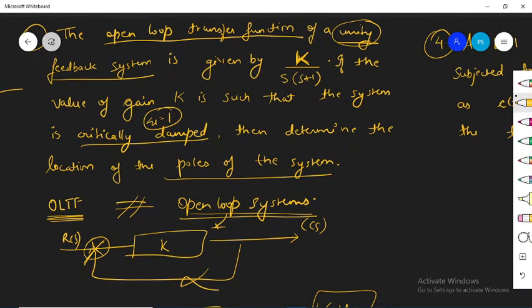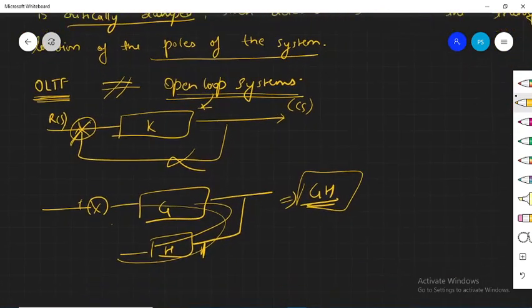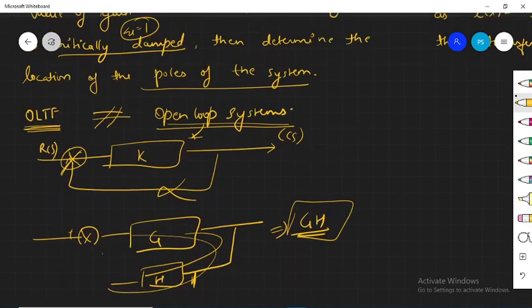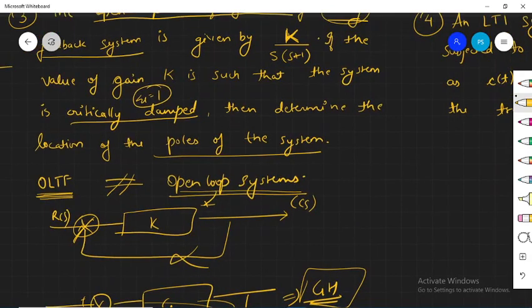So that means indirectly they are giving us the value of G. The value of G in the system is given as k divided by s into s plus 1. That is given, and the value of H is also given, that is a unity feedback system. So H's value is equal to 1. So then they are asking that if this system is a second order system with critically damped, then you have to determine the location of poles of the system.